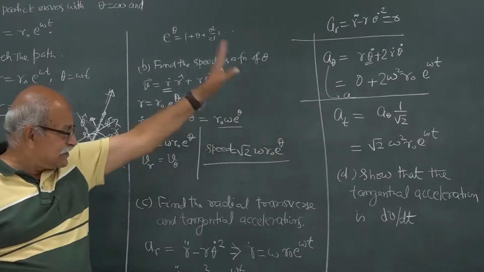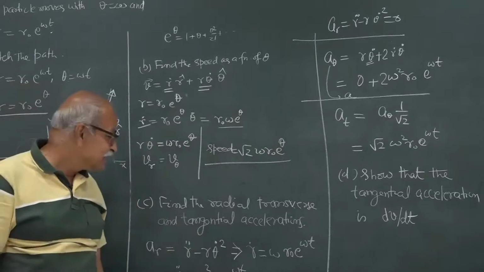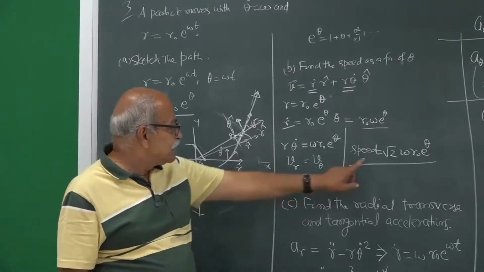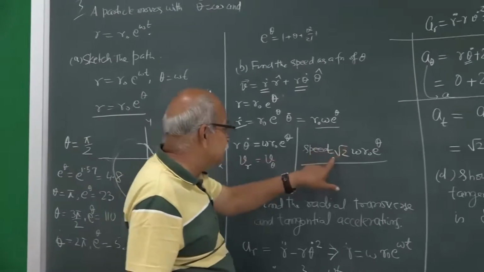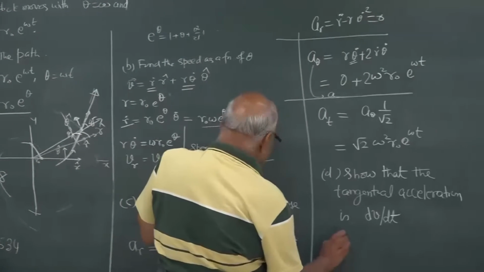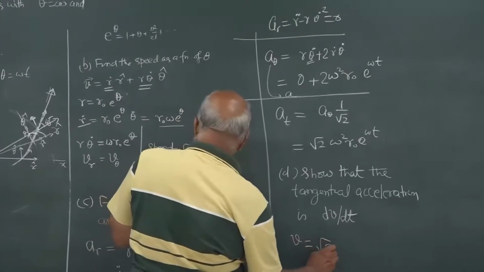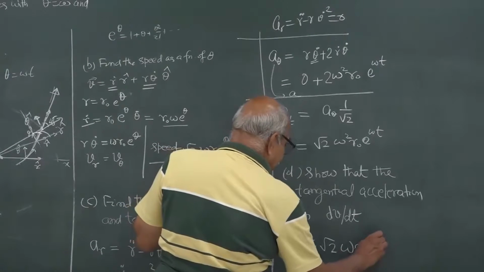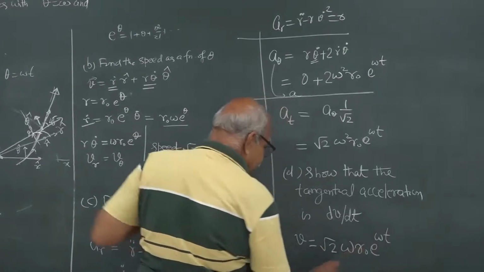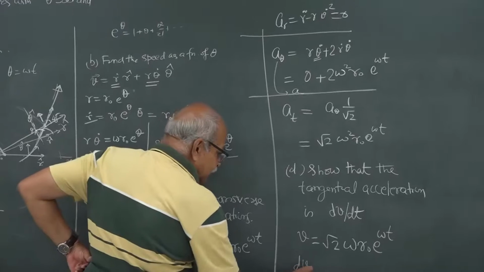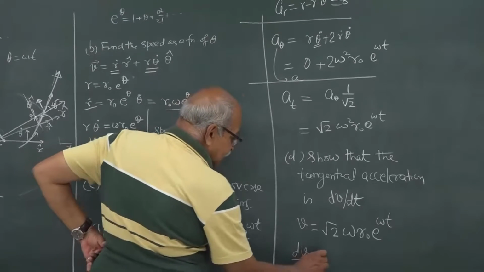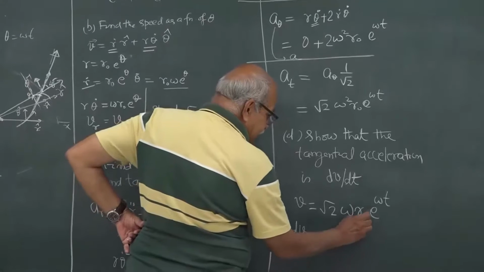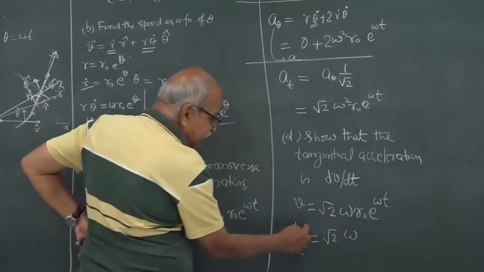That we generally do for circular motion, but here if I do this dv dt, what is the speed? Here is the speed. So, v is equal to square root of 2 times omega r naught e to the power omega t. So, dv dt is the rate of change of speed: square root 2 here, omega here, and one omega will come from the differentiation.